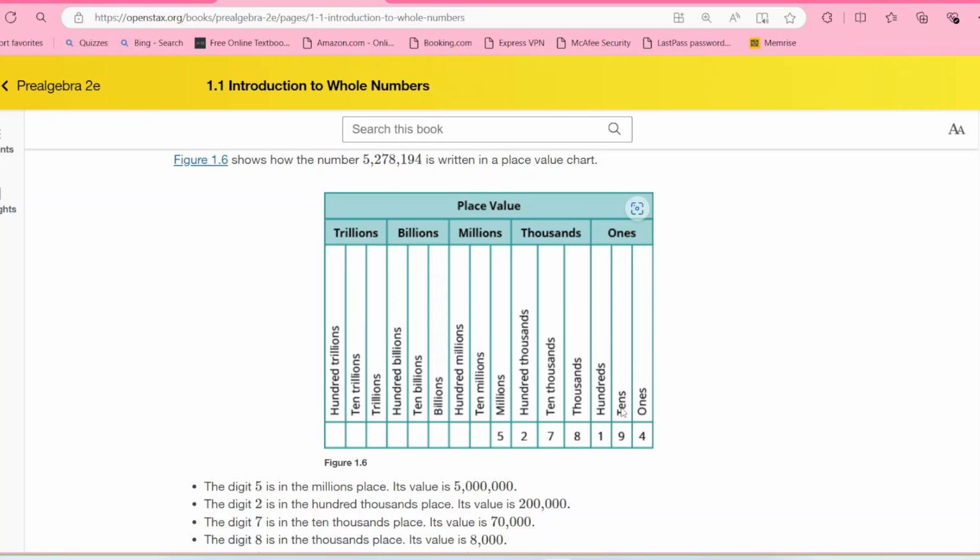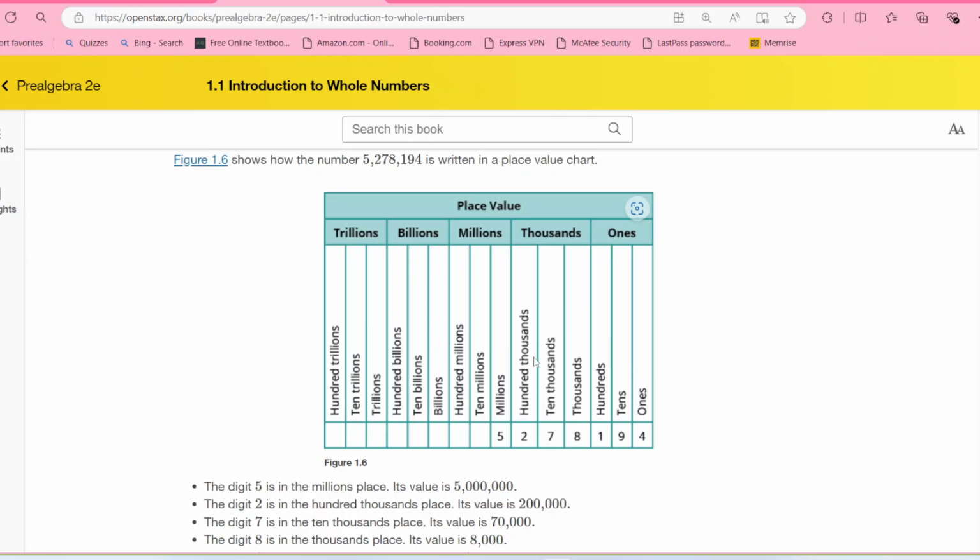Then you have the tens place, which is 10 ones. Then the hundreds place, and 100 is 10 tens. Then the thousands place, and 1,000 is 10 hundreds. Then the 10,000s place, right? Obviously, it's in the words. 10,000 is 10 thousands.